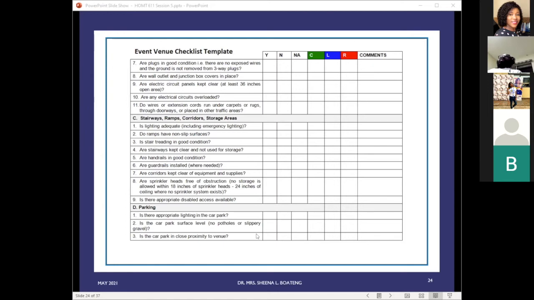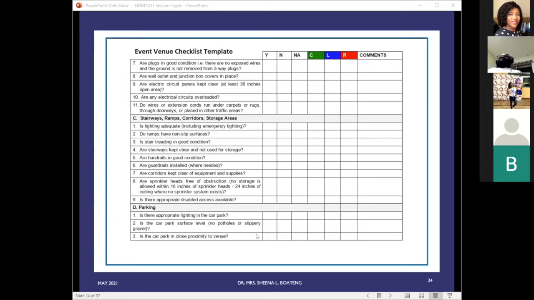Then they're also asking, is the stair treading in good condition? I've been to places where the staircase is made out of wood. And when you're walking on it, the noises that you hear, it's almost like with the next step you take, the staircase is about to collapse. So they want to find out if the stair treading is in good condition because people will be walking on it back and forth and you don't want to have any unfortunate accidents.